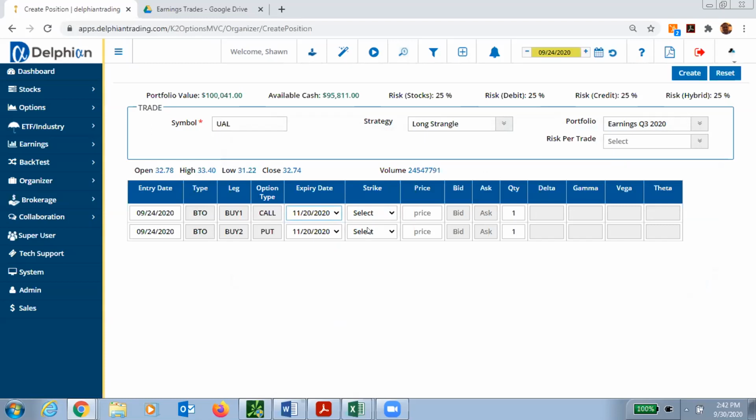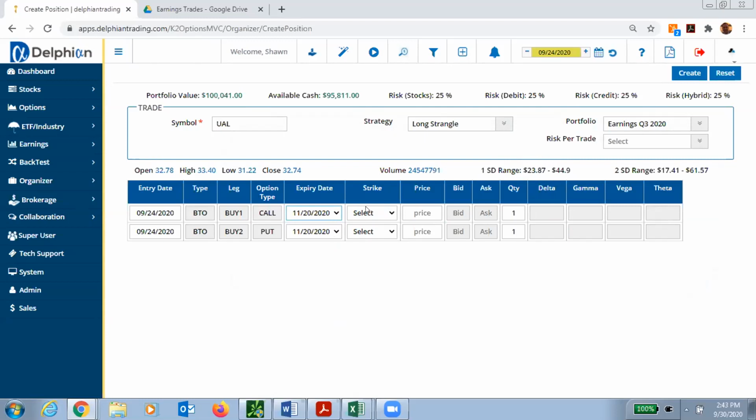Now the long strangle uses the upper and lower standard deviation. So I'm going to use one standard deviation right here. The low side is 23.87 and the upside is 44.90. So this means one lower standard deviation is 23.87, one upper standard deviation is 44.90. What I want to do is be inside both of these points with my strikes.